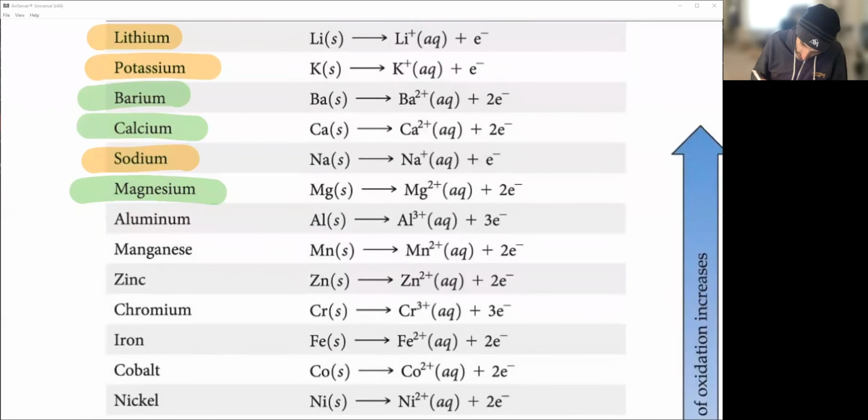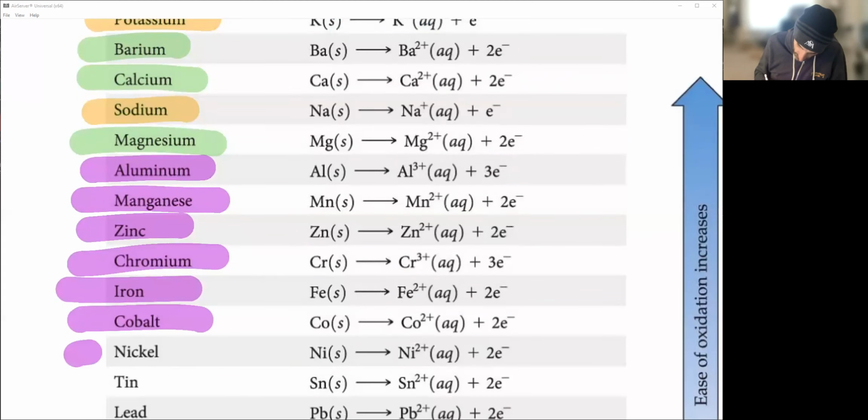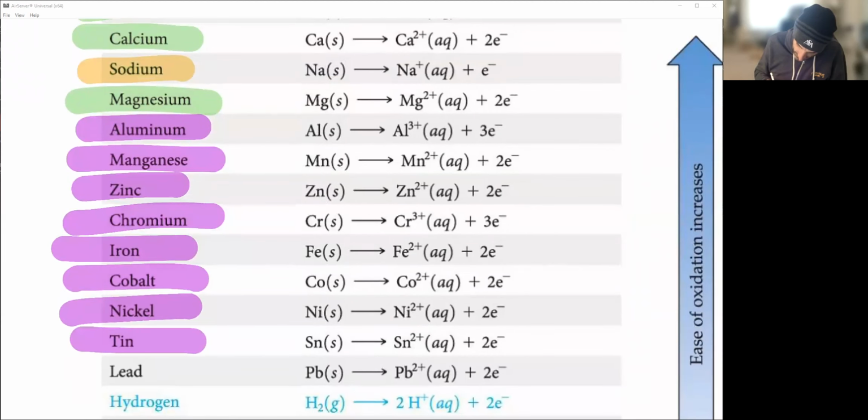And then we have aluminum, manganese, zinc, chromium, iron, cobalt, nickel, tin, lead. Tin and lead are probably separate, but aluminum, magnesium, zinc, chromium, iron, cobalt, they're all metals not in group 1 or group 2, right? And tin and lead are in the main group.